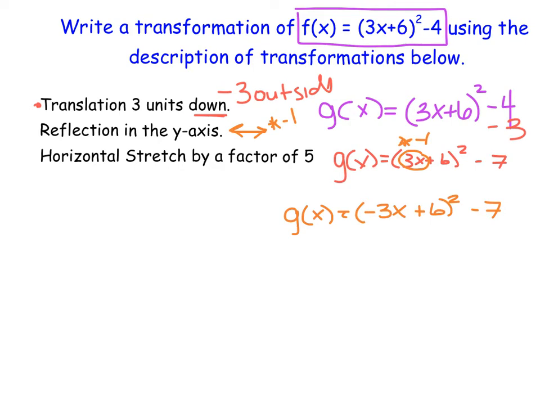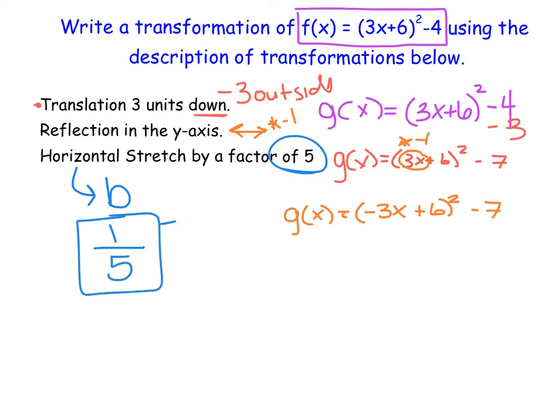Then from here, this next change, we have a horizontal stretch by a factor of 5. Remember, our horizontal stretch utilizes our b value, but if we think back to what we learned about the b value back in Chapter 1, our b value is something that we actually have to calculate. Remember, that's going to be 1 over our factor here, which is 5. So we're going to take this 1/5 and multiply the inside here by 1/5. So we're going to multiply that -3x by 1/5.